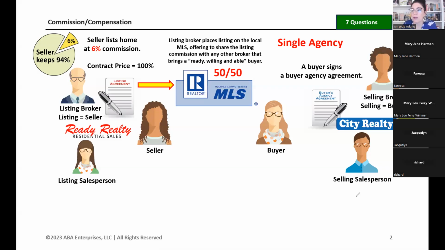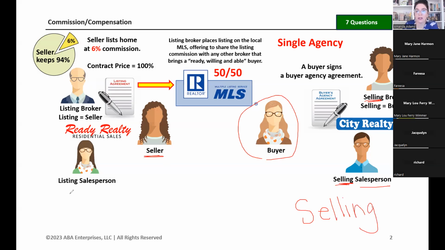I want you guys to notice right here that the salesperson working with the buyer is referred to as the selling salesperson, selling broker. This is an actual real estate term that we use. When you're working with the buyer, you are the selling side. When you're working with the seller, you are the listing side.